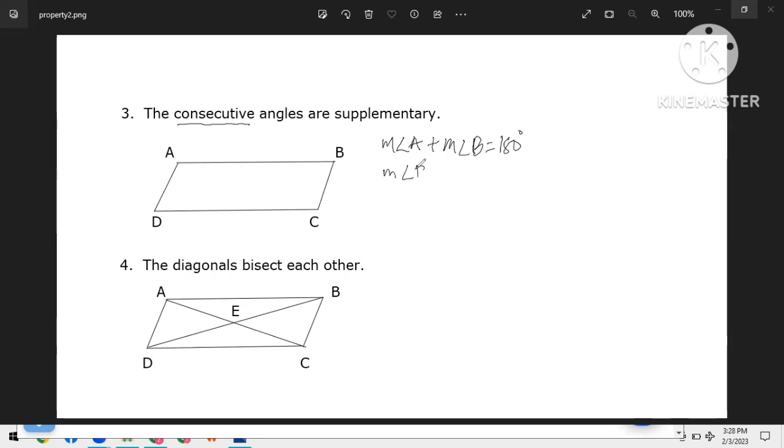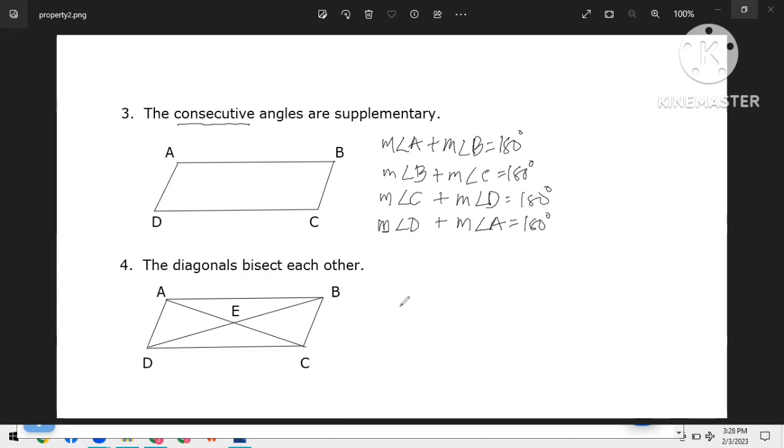Also, measure of angle B plus measure of angle C is 180 degrees. You also have measure of angle C plus measure of angle D equals 180 degrees. And finally, measure of angle D plus measure of angle A equals 180 degrees. Okay, so basta magkatabi yung angles, supplementary.